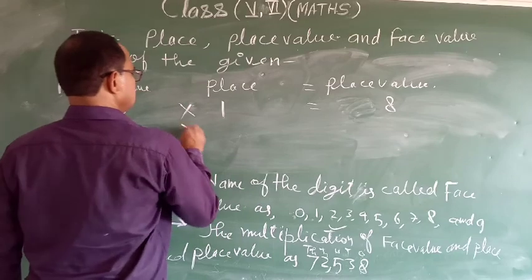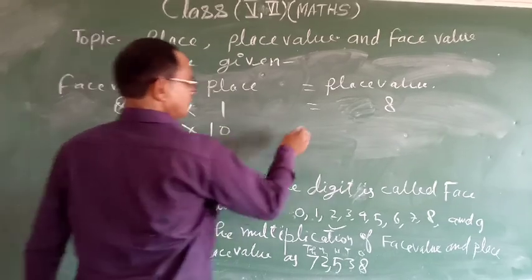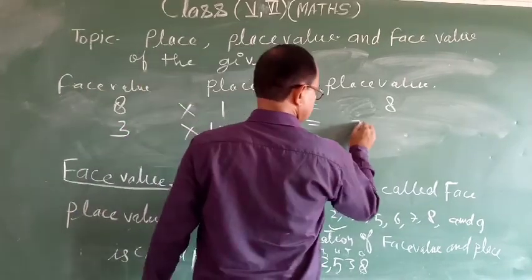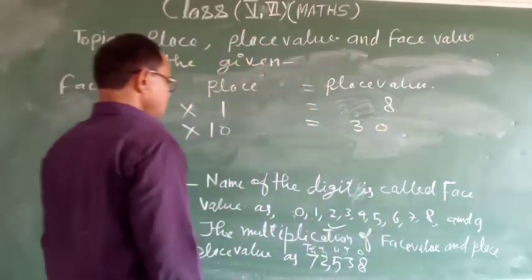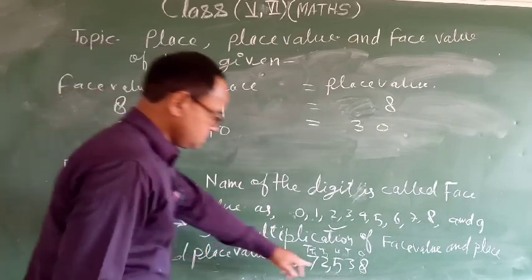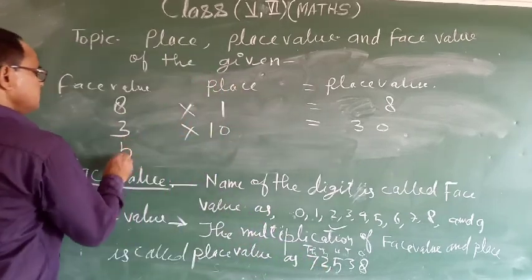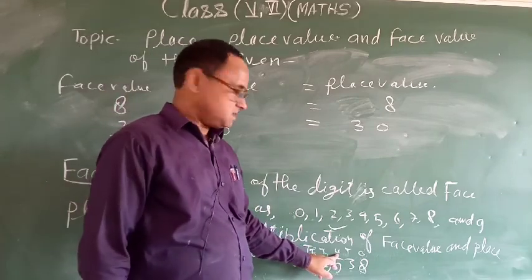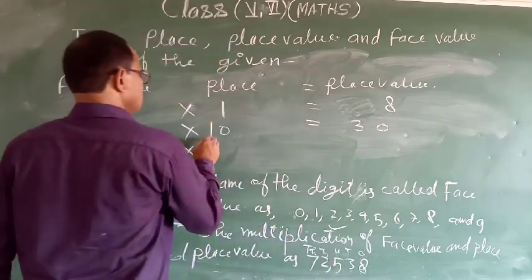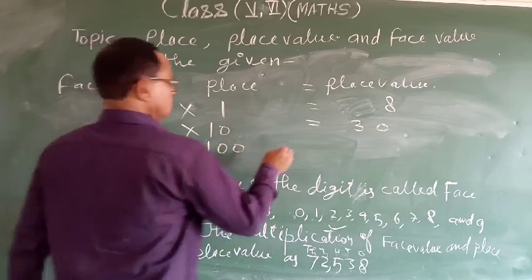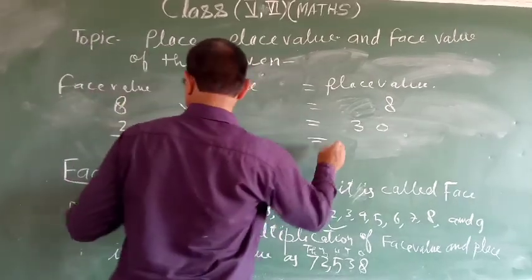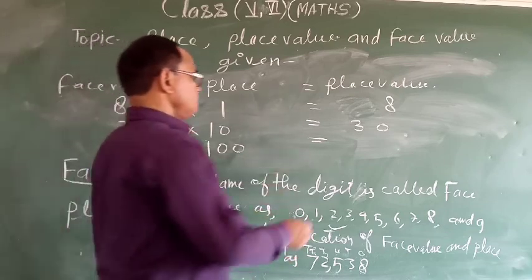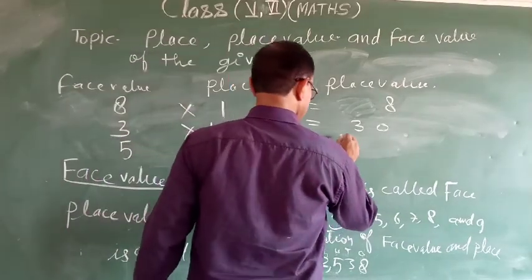Then multiply by 10. We get the value of 30. Okay, and after this here 5, face 5 on which place? Hundred place. Then multiply by this 100 place. Then face value multiplied by place is called a place value.